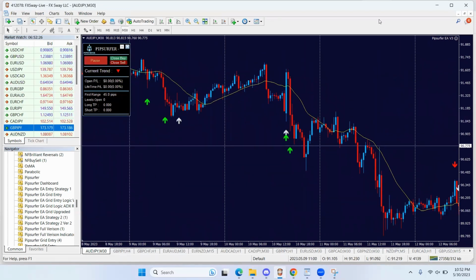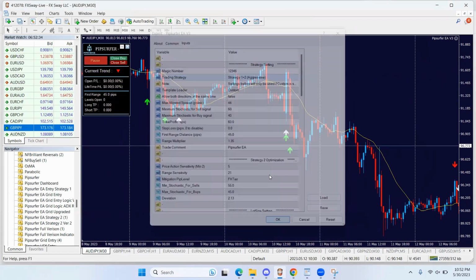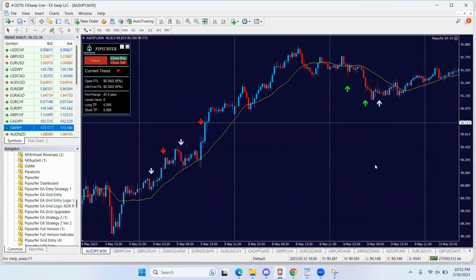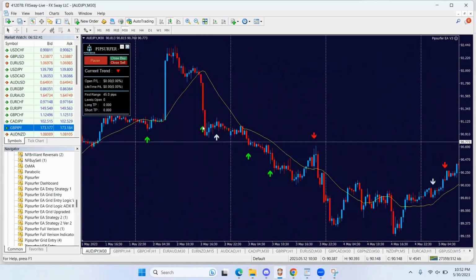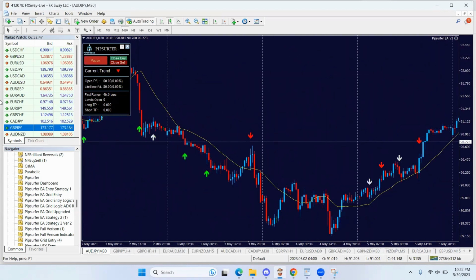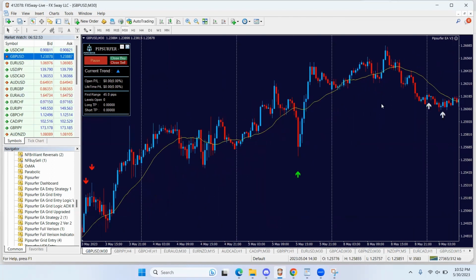Now, strategy 3 is just a combination of using both strategy 1 plus 2 at the same time. With both of them enabled, you now have potentially more trade entries. Say we go to one of my favorite pairs on Pipsurfer, GBP USD.